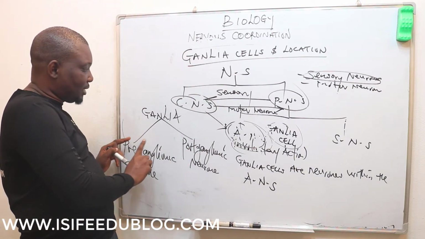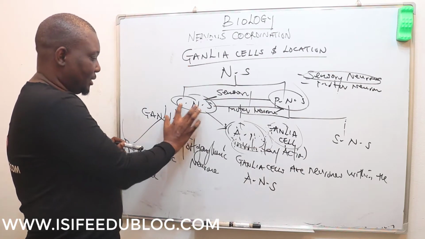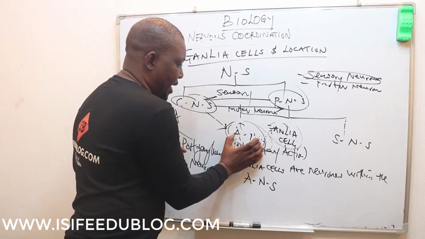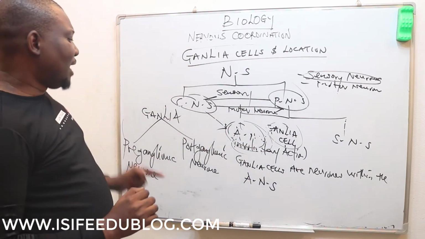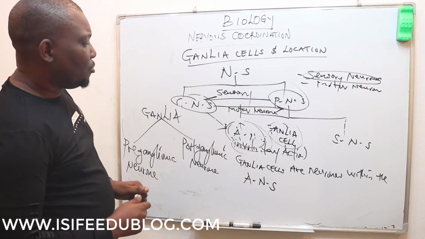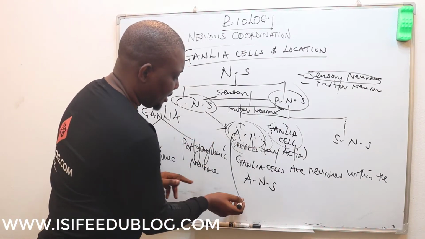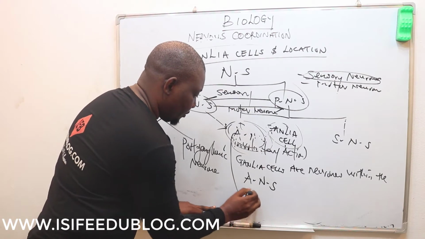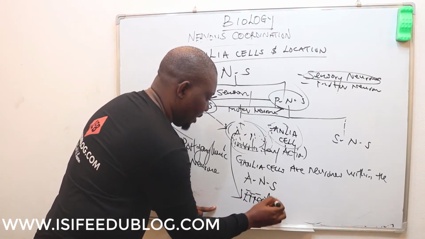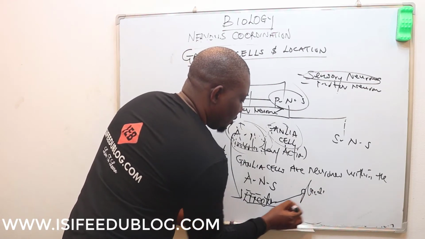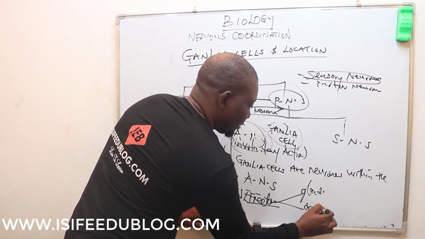So the impulses are moving from the C.N.S. The preganglionic conveys impulses from the C.N.S. to the A.N.S. And then the postganglionic neuron moves impulses from the A.N.S. now to the effector. These effectors can be what? Glands or organs.